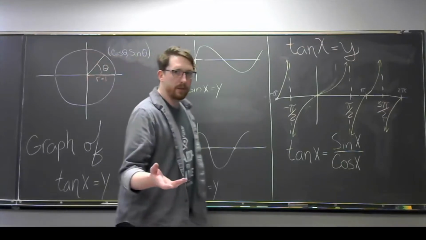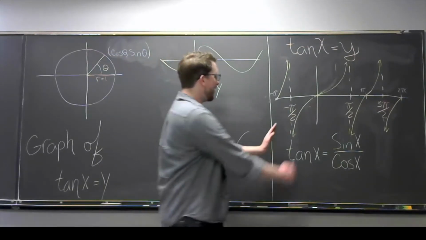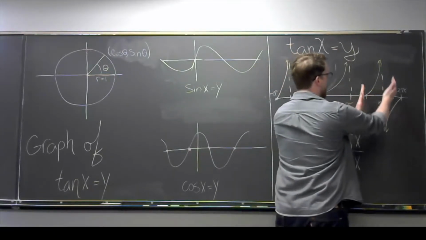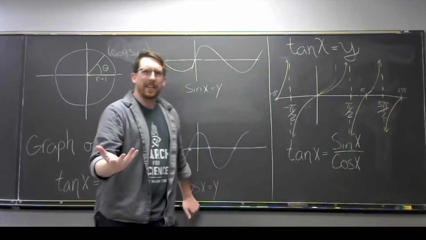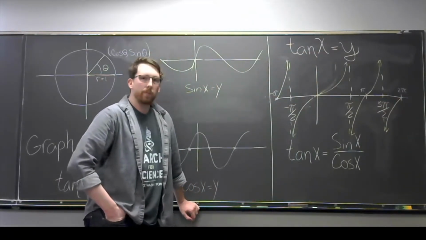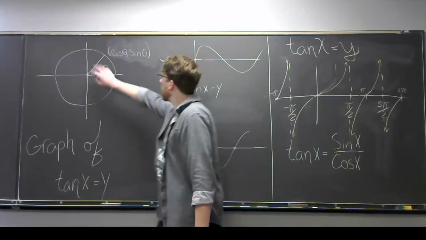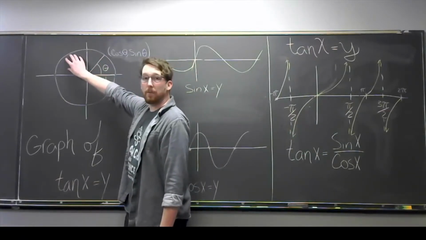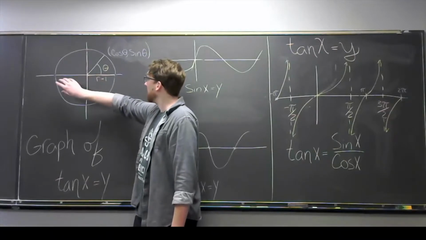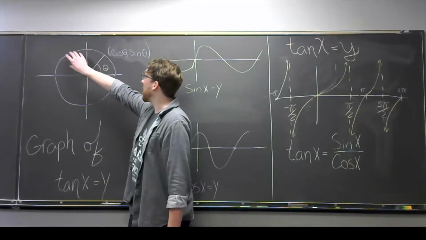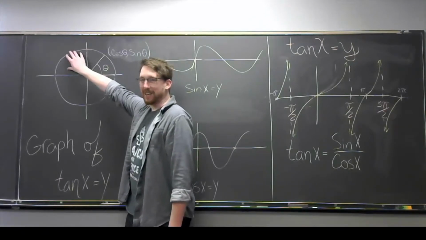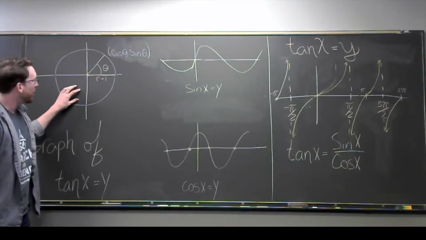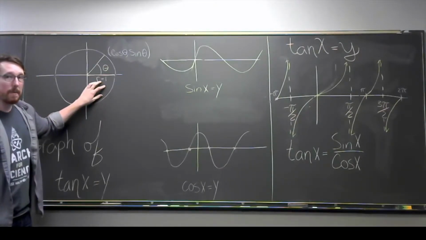Now let's look at what happens to the rest of it. Notice in this chunk here, we're negative. And then all of a sudden in this chunk here, we're positive, negative, positive, negative, positive. Why does this happen? Well, this happens because what we've got are positive numbers divided by positive numbers, positive numbers divided by negative numbers, negative numbers divided by negative numbers, and negative numbers divided by positive numbers.